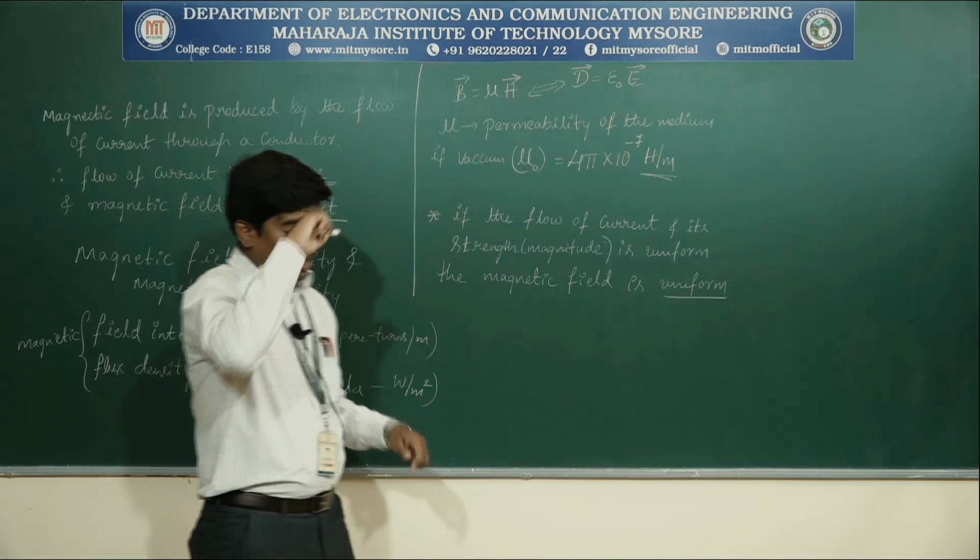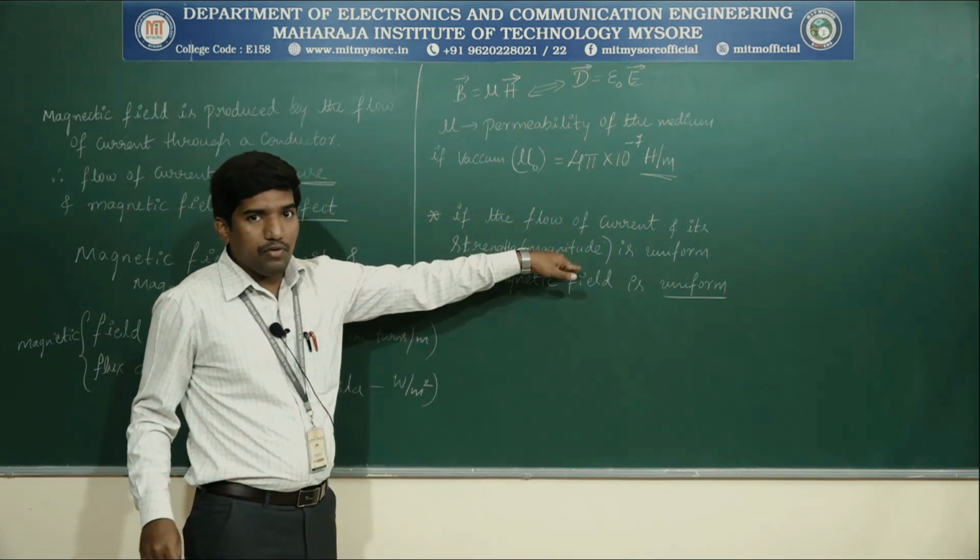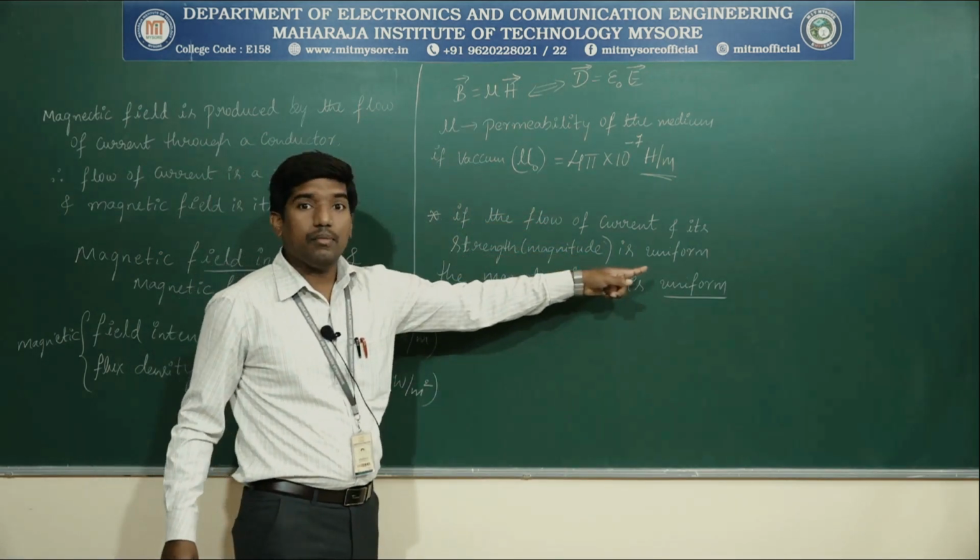In other words, if the flow of current is uniform, we can say the magnetic field is uniform.